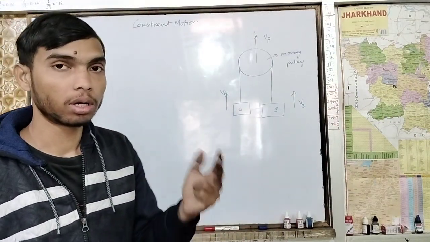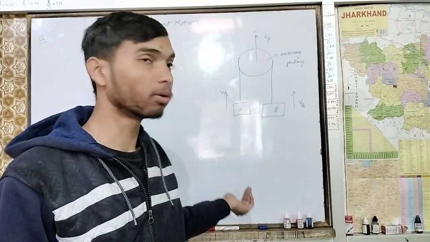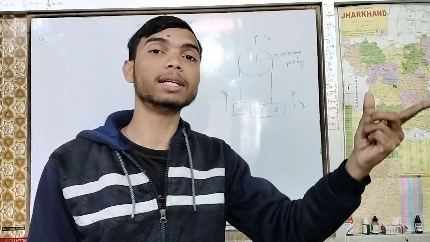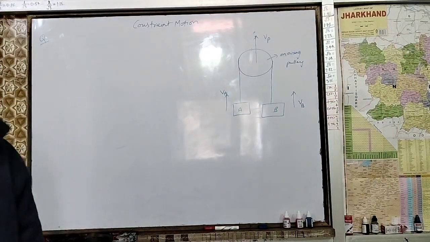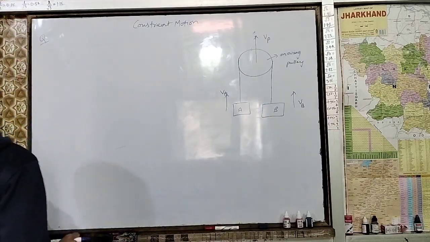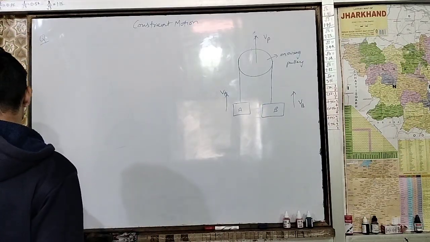Whatever we saw just before will be valid when the pulley is fixed. But right now the pulley is not fixed. So let's see what kind of condition we will get.